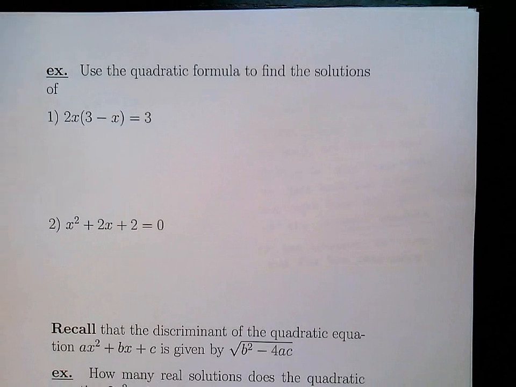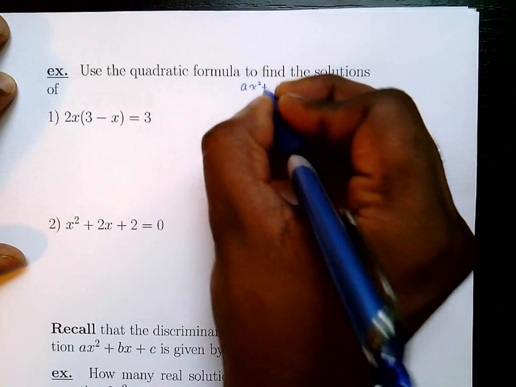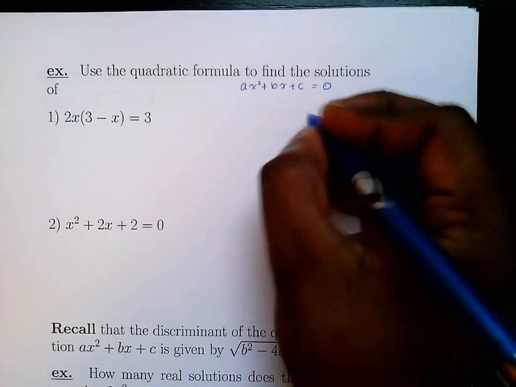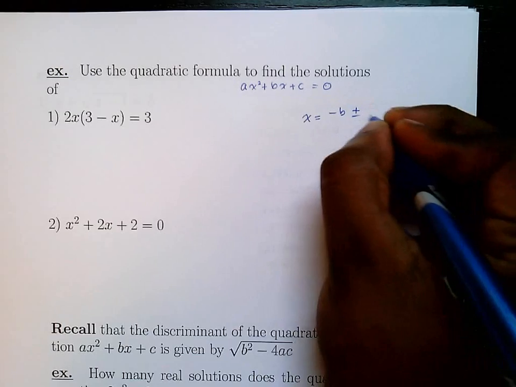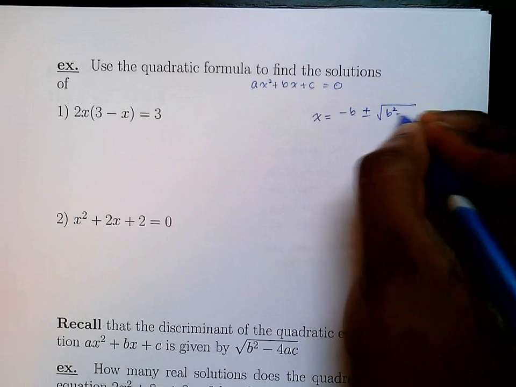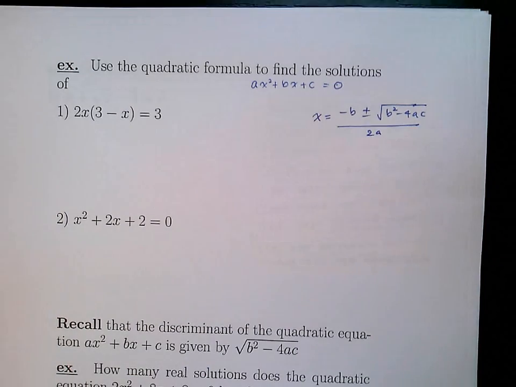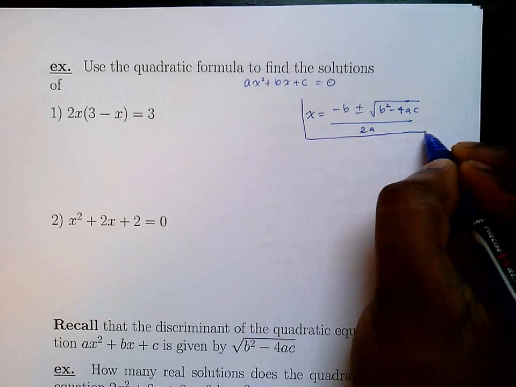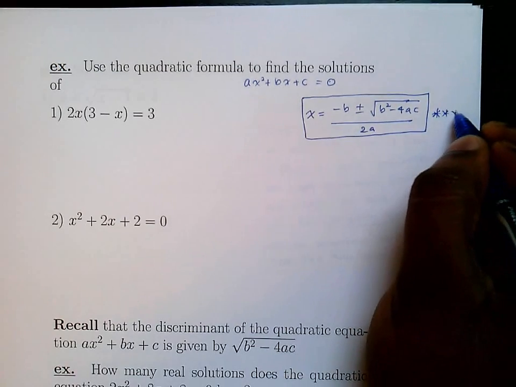In order to use the quadratic formula, you need to have the equation in ax squared plus bx plus c equals 0 form, and with that you have x equals negative b plus or minus square root of b squared minus 4ac all over 2a. That is the one formula you need to remember regarding quadratic equations.